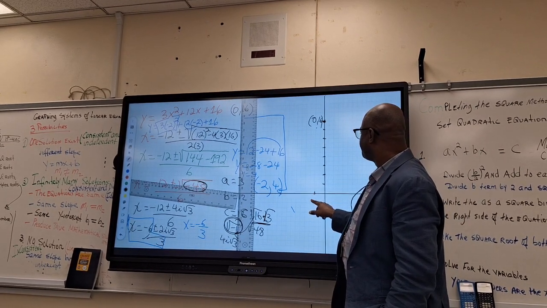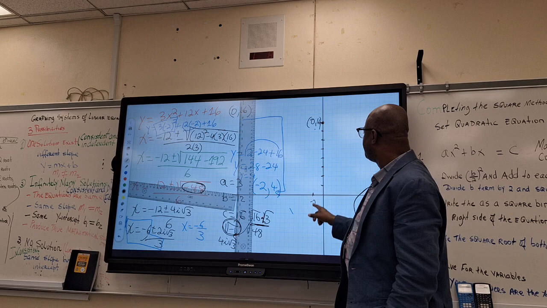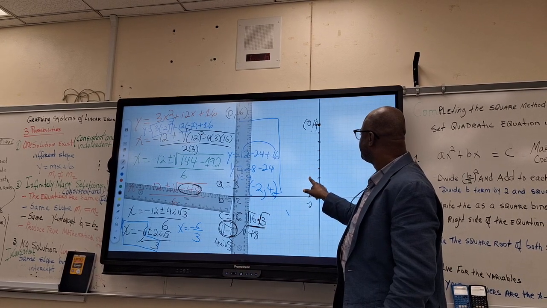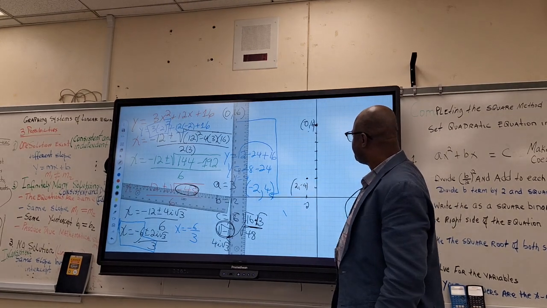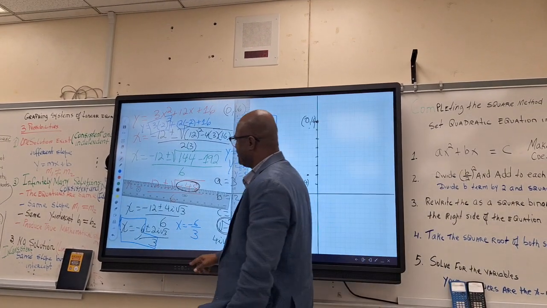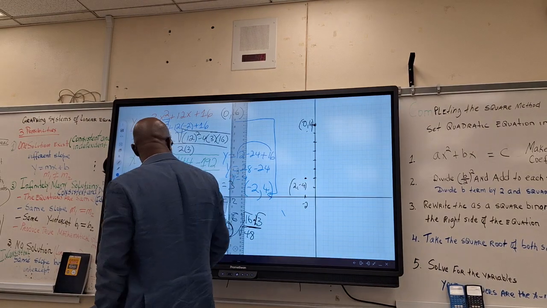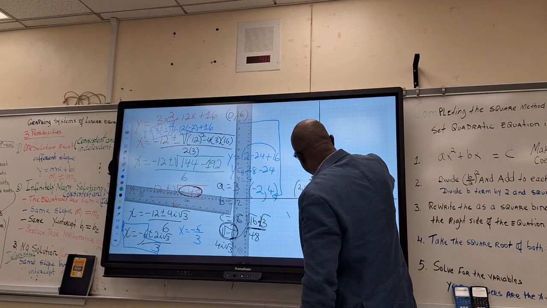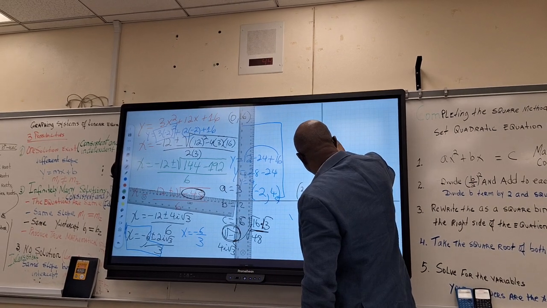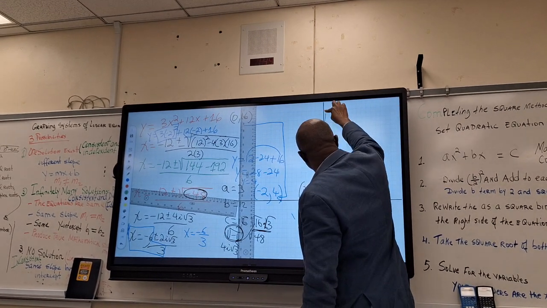That will be negative 2. And go up. Here, that will be here. That's where you will use reflection. I can only get half of the graph here, all the way at 16.